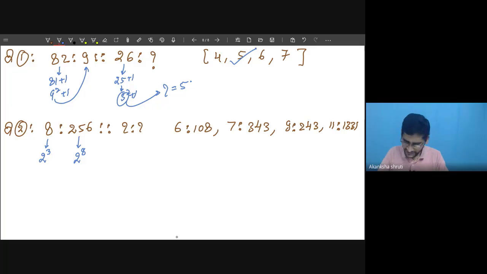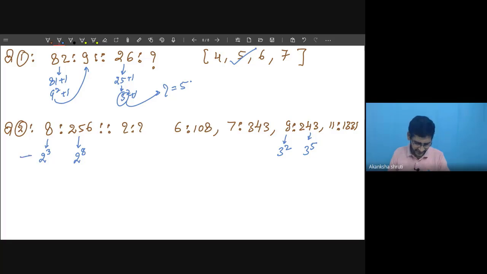Here 9 means 3 square is there, but not cube. Even 243 means 3 to the power 5. But here it was 3 and 8, it was not followed, though the base is the same in both cases.